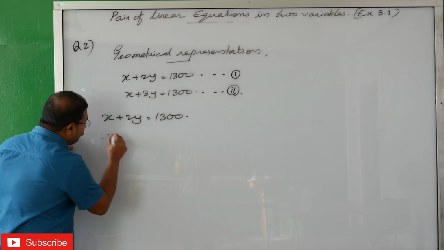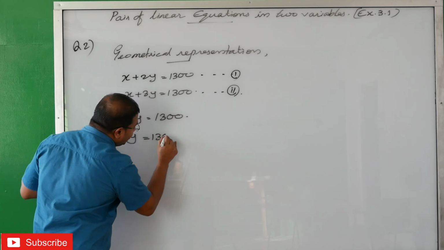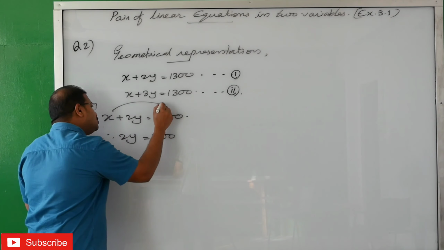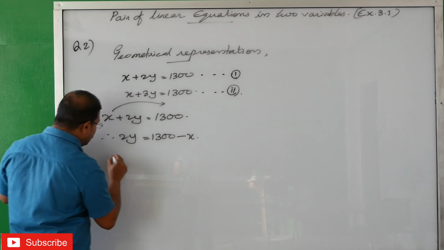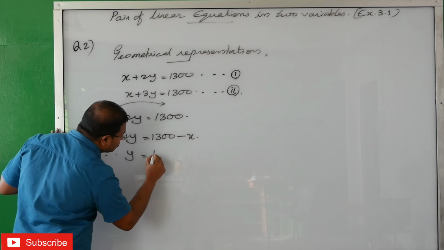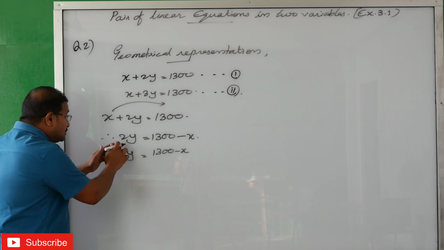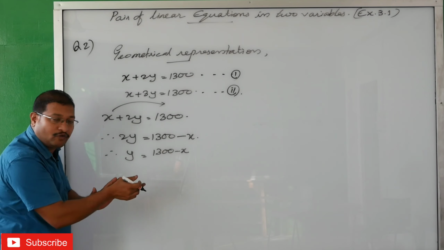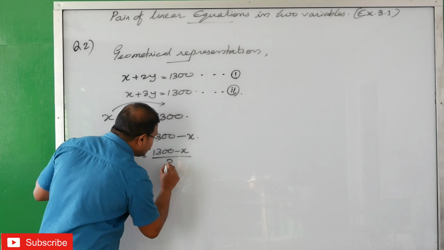From here, therefore, 2y equals 1300, this x goes to the next side, minus x. Now, therefore, y equals 1300 minus x. See, this 2y, 2 is multiplying to y. If it goes to the next side, divided by 2.